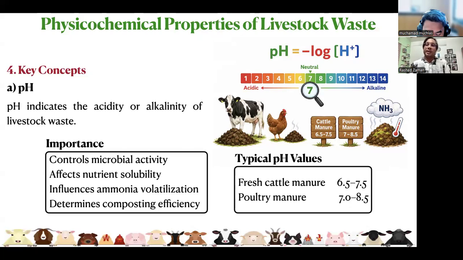Now, the typical pH value of fresh cattle manure is 6.5 to 7.5. It is nearly neutral, and in case of poultry manure, the value is 7 to 8.5. So it is a bit alkaline.